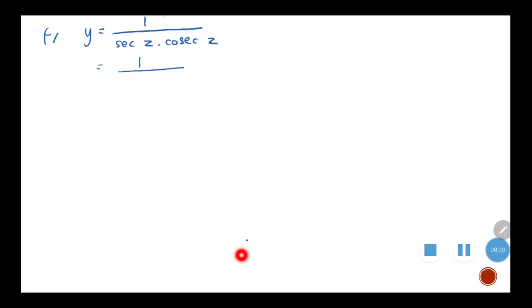Okay, so 1 over secant z can also be rewritten like this, right? 1 over cosecant z. Okay, now you must remember your trigonometry functions. 1 over secant z is also the same as cos z. And 1 over cosecant z is also similar to sin z. So now y is represented like this.